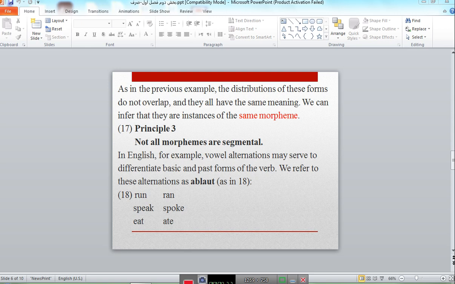For example, we have s, z, iz, n, and the empty form as the signs of the plural morpheme. So I want to talk about principle number 3 in this session, which says that not all morphemes are segmental.